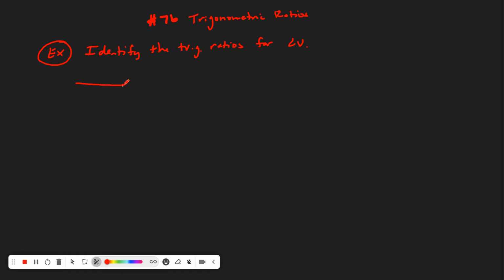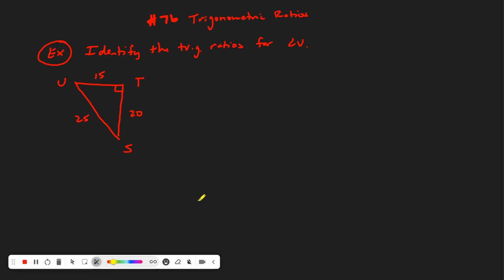Always have to have a right triangle. It's triangle STU, if I go in alphabetical order. T being the right angle, and then we have a 15 here, a 20 here, and a 25 here.